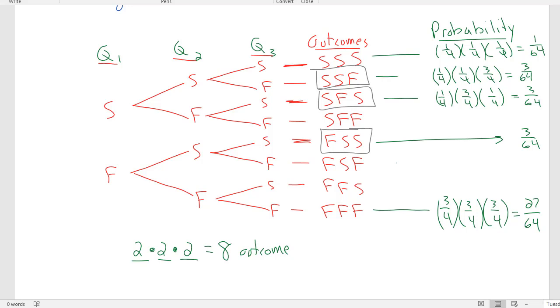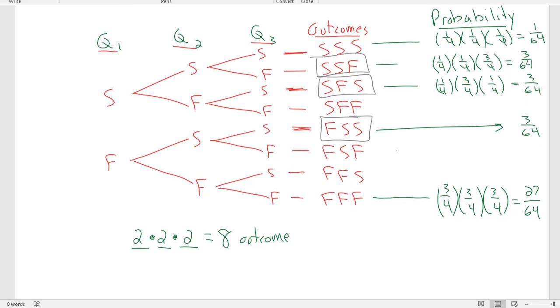Now, what I really want to do is add all of these together that meet the question that I'm asking. So the question I'm asking is we get 2 questions correct out of the 3. So again, we have 3 of those that occur. So I have 3 out of 64 plus 3 out of 64 plus 3 out of 64. And a shorthand way of writing that is to just say 3 times 3 out of 64.